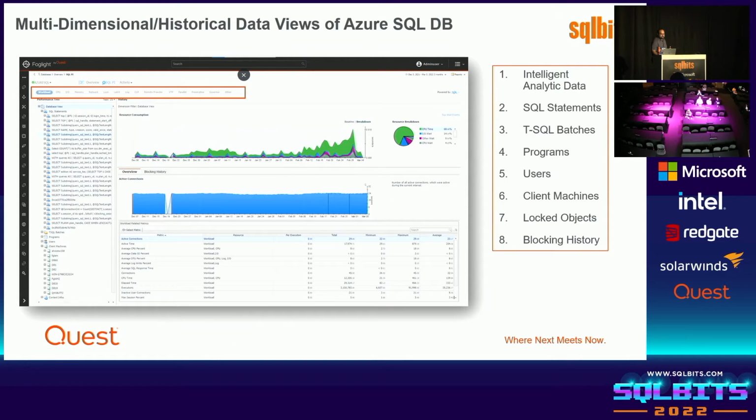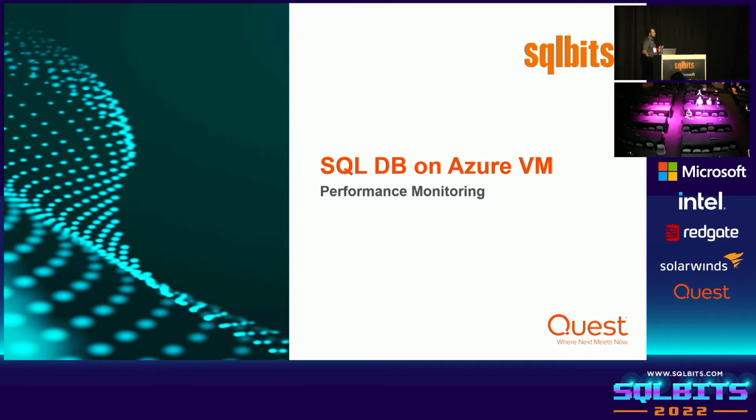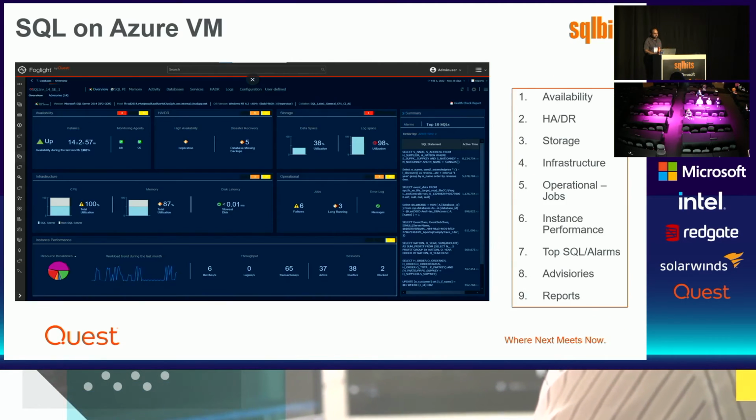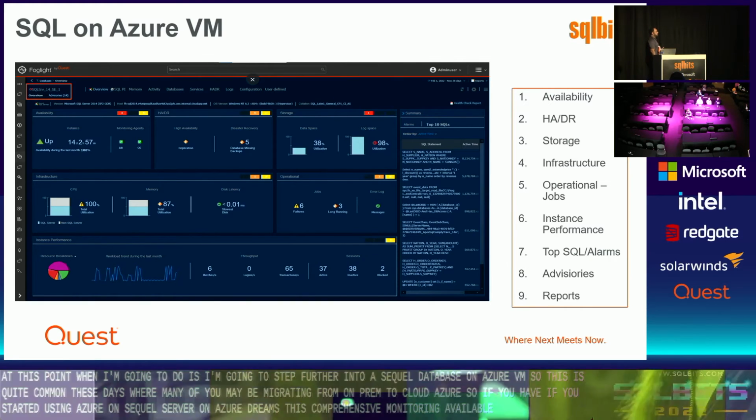At this point, I'm going to step further into SQL Server on Azure VMs. This is quite common these days, where many of you may be migrating from on-prem to the cloud on Azure. If you started using SQL Server on Azure VMs, there's comprehensive monitoring available for that as well.